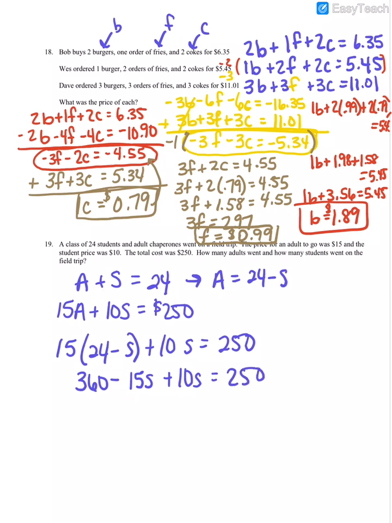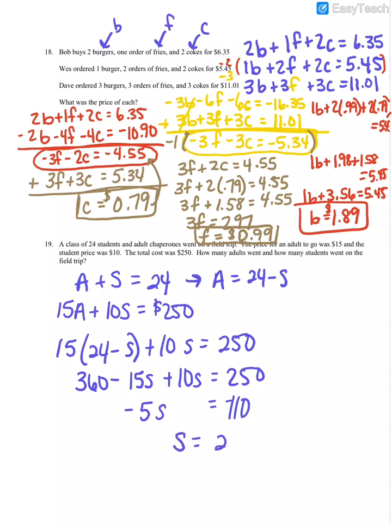So 250 minus 360 is negative 110. And negative 15 plus 10 is negative 5S. So divide that by negative 5.